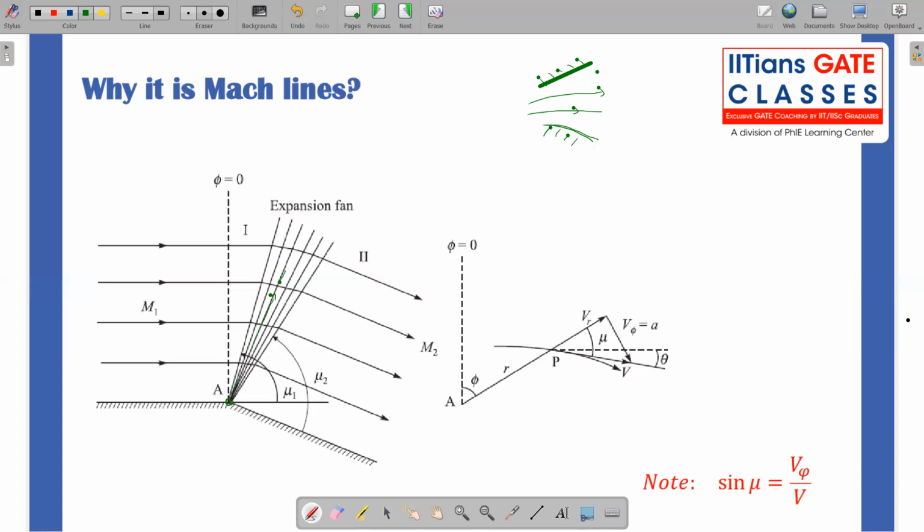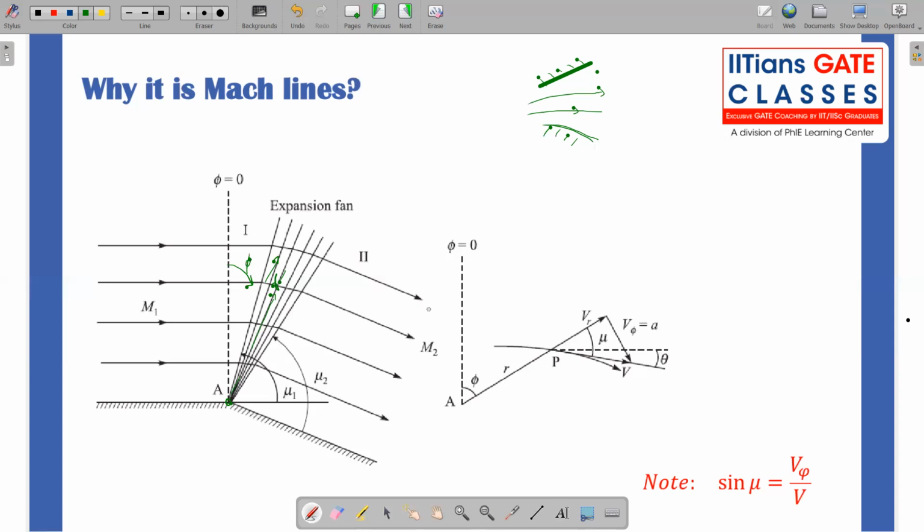These lines are the Mach lines, and we are going to prove that they are actually Mach lines. So let us take some radial lines in the R direction, and this angle, whatever I am measuring, I am denoting to be the phi direction.